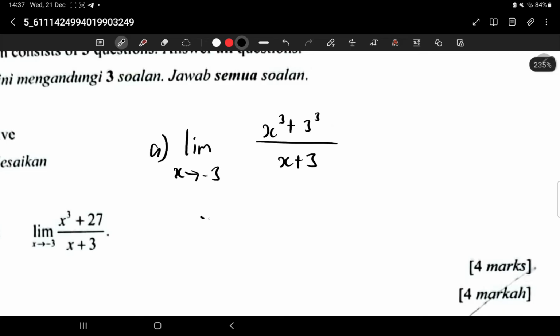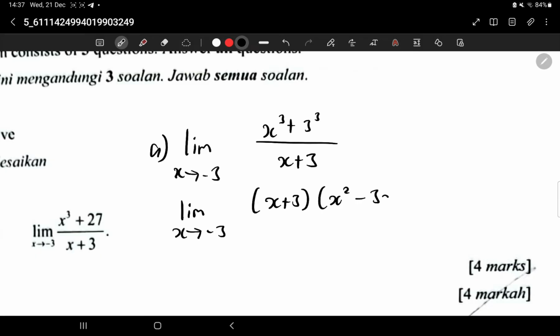And from here, I could factorize x to the power 3 plus 27 to become x plus 3, x squared minus 3x plus 9, divided by x plus 3.